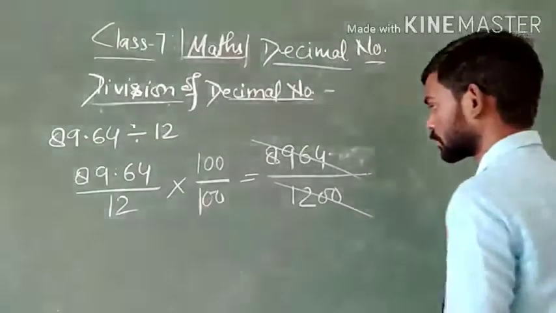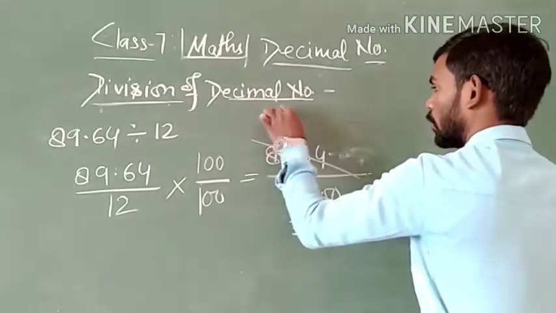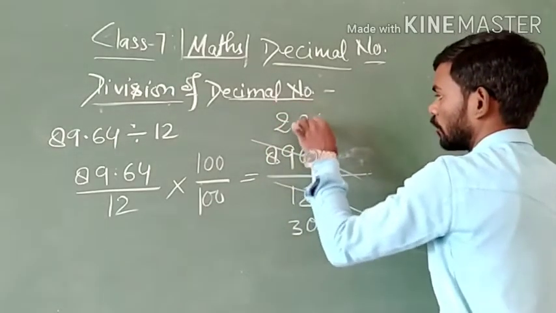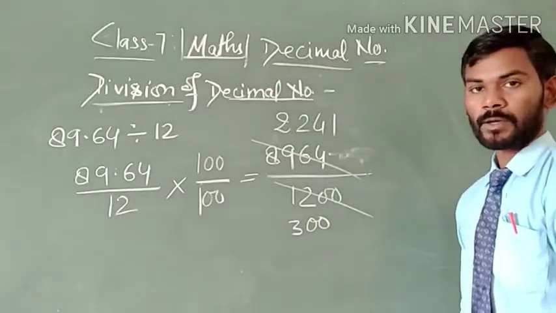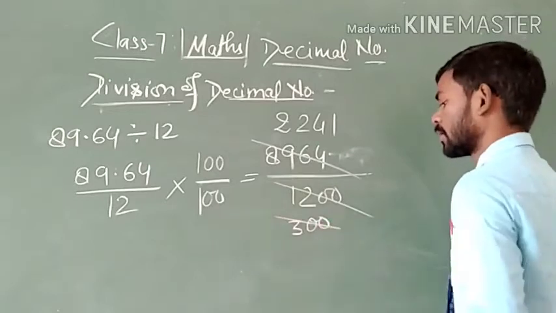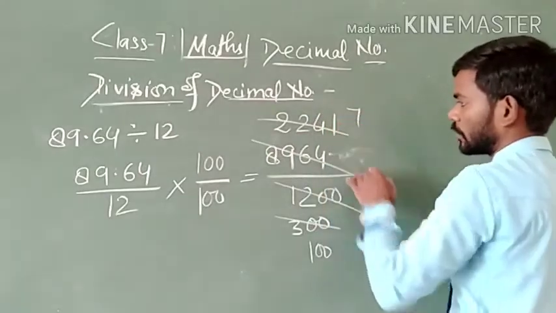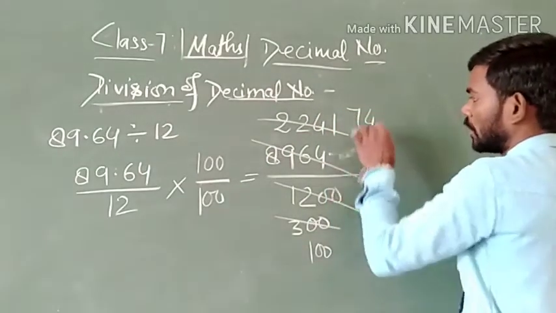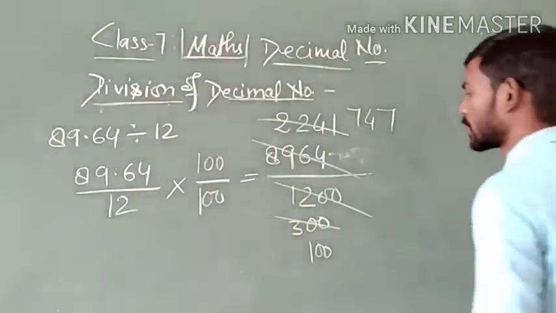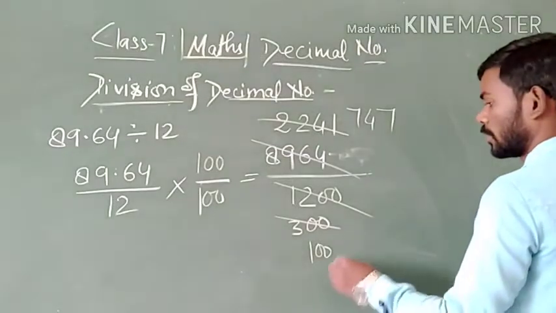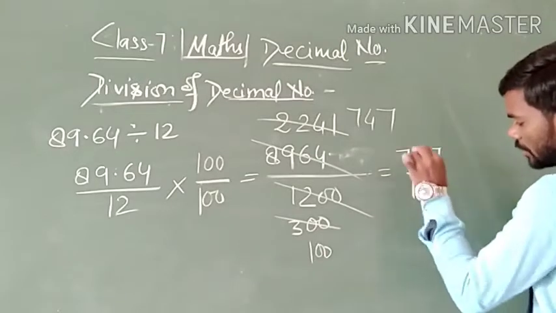So here we get 4 3s are 12, 0 0, and 4 2s are 8, 4 2s are 8, 4 4s are 16, and 4 1s are 4. Okay, now divided by 3, we get 100, and here we get 3 7s are 21, 3 4s are 12, and 3 7s are 21. And I hope here we get 747 upon 100.